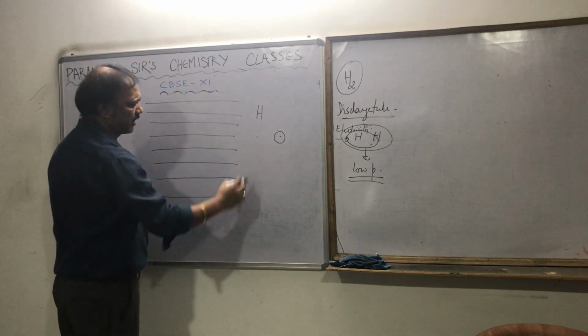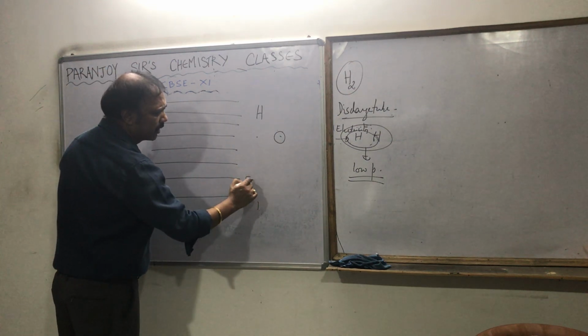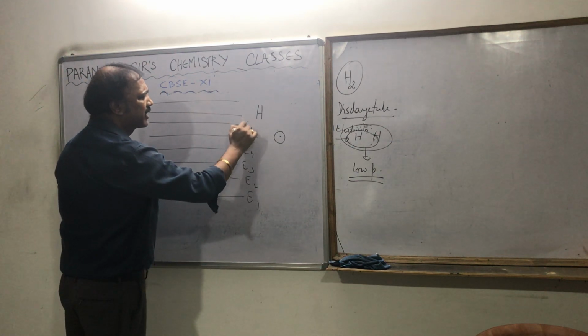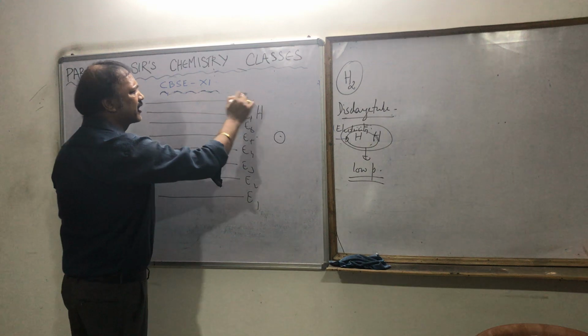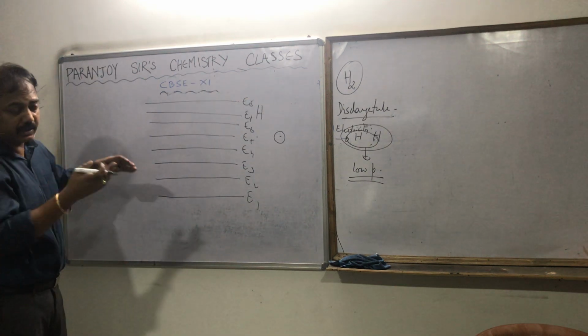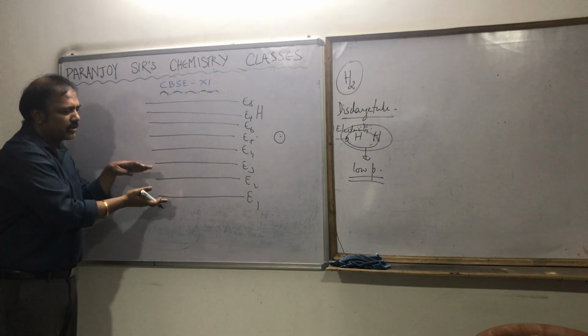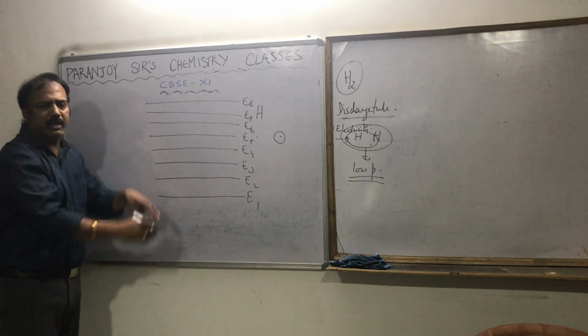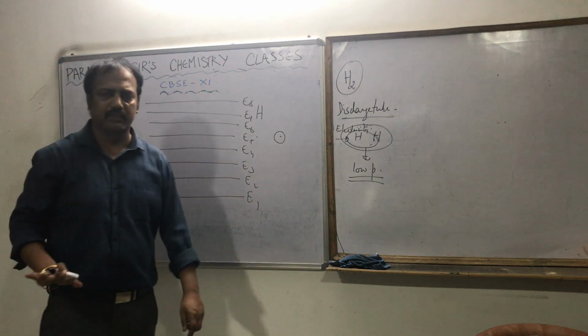Infinite energy levels are there. Suppose I am writing E1, E2, E3, E4, E5, E6, E7, E8, and so on till infinity. And they are non-uniformly arranged. It is not that the difference between E1 and E2 will be the same as E2 and E3, or E3 and E4. It's not like that.